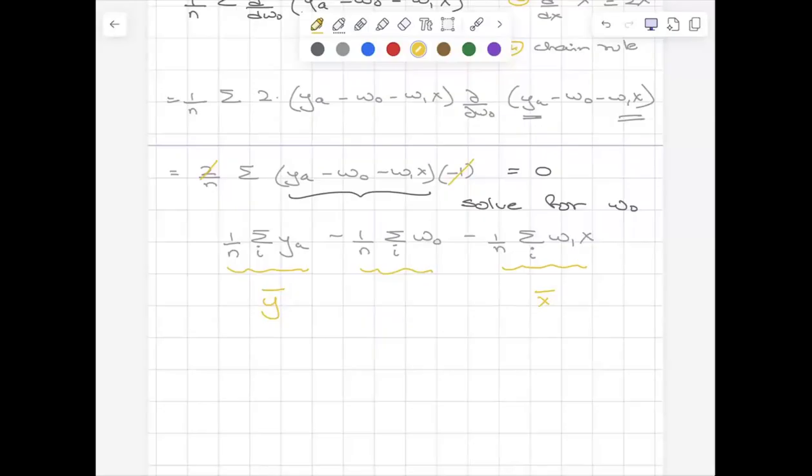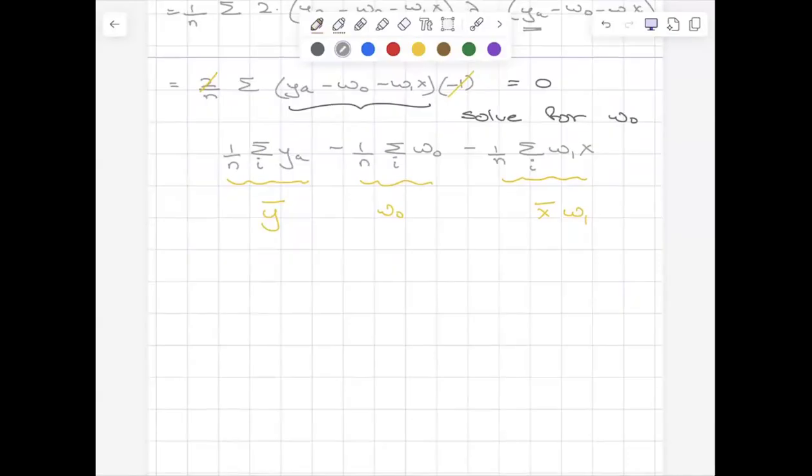So that is n. N cancels and I just have w naught. So this is x bar into w1. Right? So I'll go over it again, but we're getting close to the answer. So I just wanted to write this down. So I get y bar minus w naught minus w1 x bar is equal to 0. And therefore w naught is y bar minus w1 x bar.